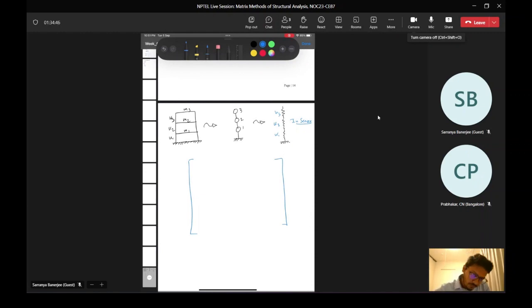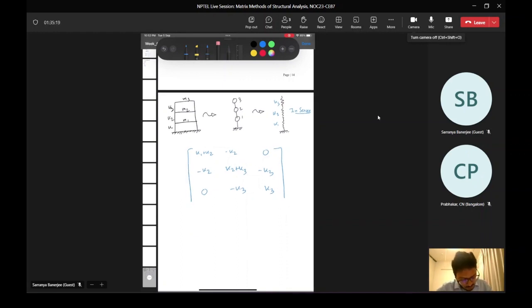So I will just write the exact matrix values. I do not expect you to know these values right now, but I can guarantee you these are correct. I have only taken 3 degrees of freedom, so this is a very small 3 cross 3 matrix.